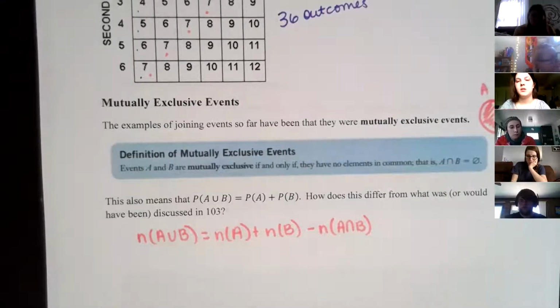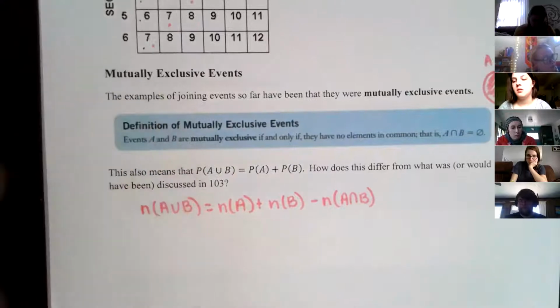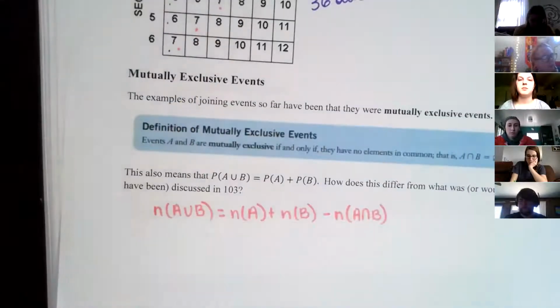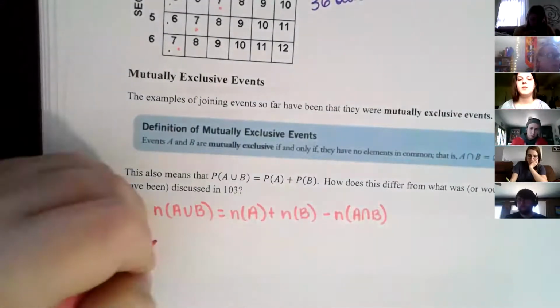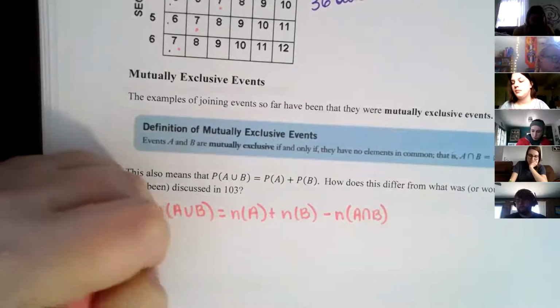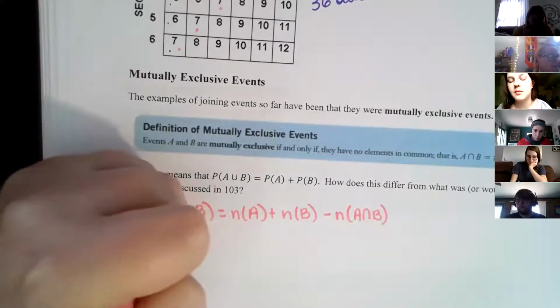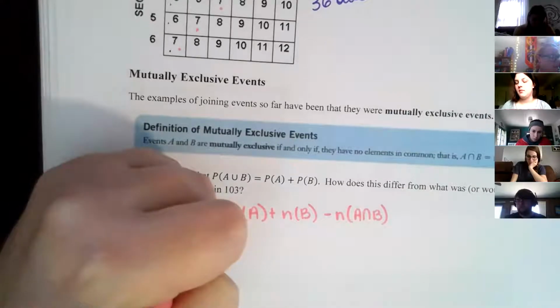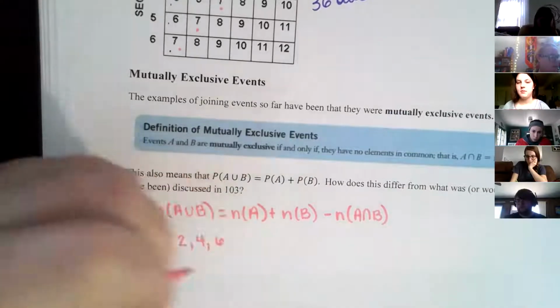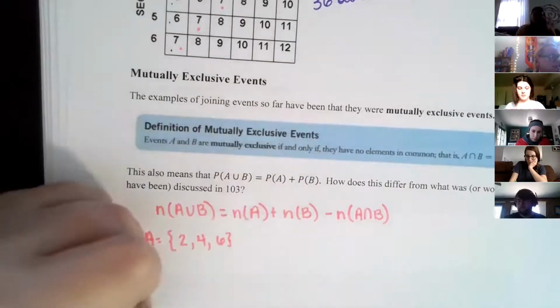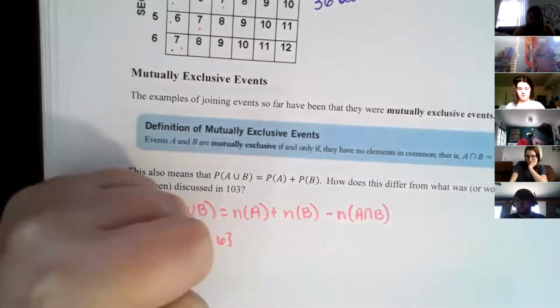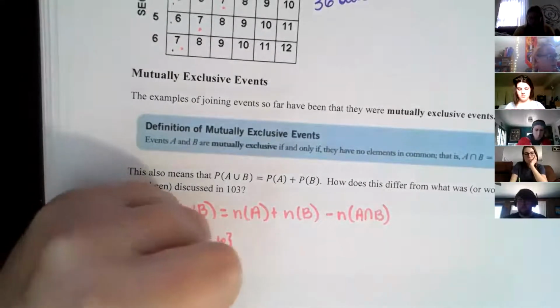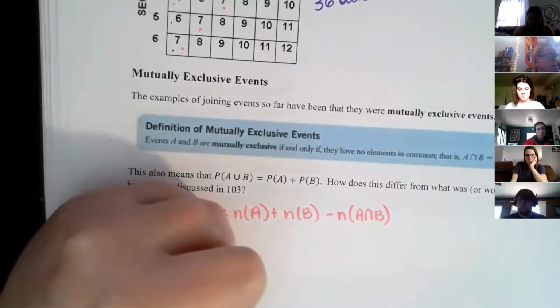Okay. So going back to some of the stuff that we talked about, let's make a smaller example. Say A was 2, 4, 6 and B is 1, 3, and 5.